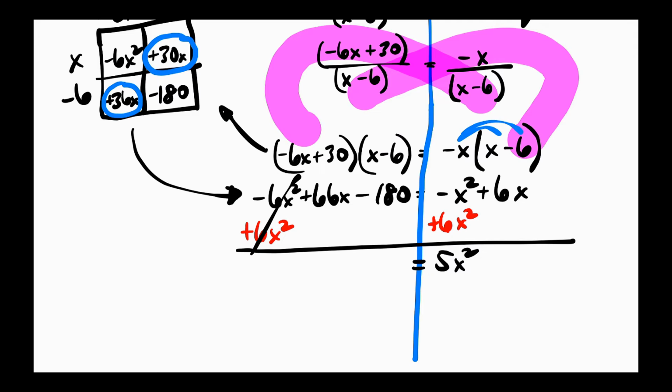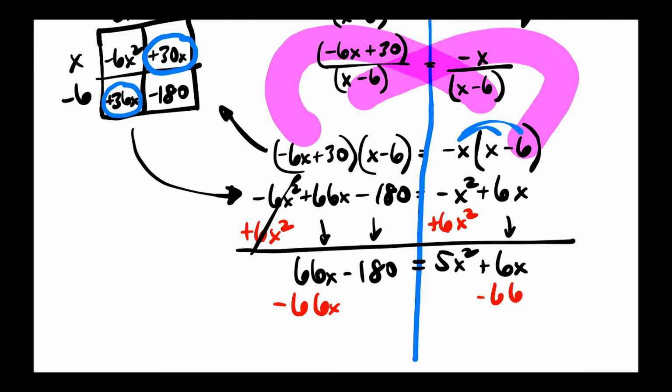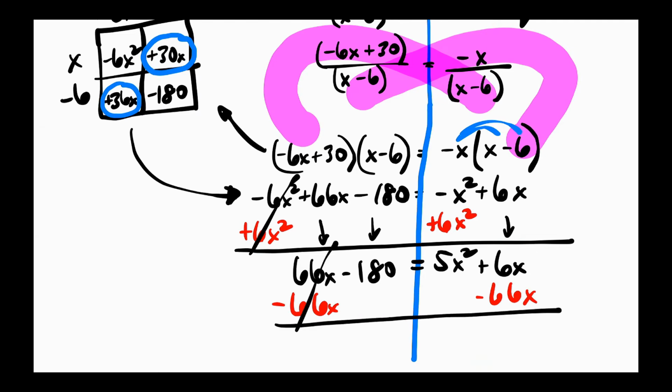So let me move everything down. Your GCF would have a negative. Negative 66x plus 6x gives 5x squared minus 60x.